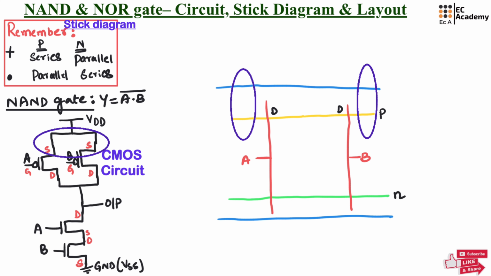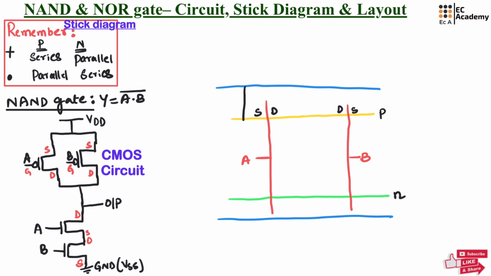So, we can write source terminal for A and B, and these two are connected through contact. In NMOS, the source terminal and drain terminal of A and B are connected. So, we can write source of A and drain of B are connected. So, you can see we are writing side by side, which represents these two are connected. Now, source terminal of B is connected to ground.